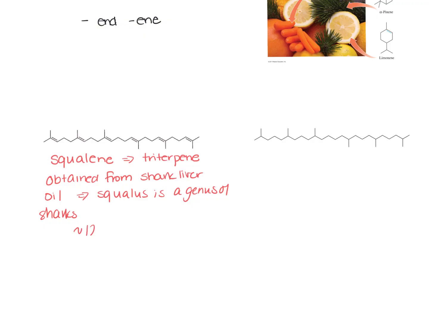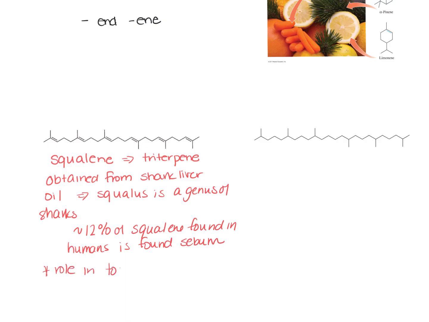About 12% of squalene, bodily squalene found in humans, is found in sebum, which is the oil that's on the skin, and we talked about that previously. So squalene here has this role in topical skin lubrication and protection.